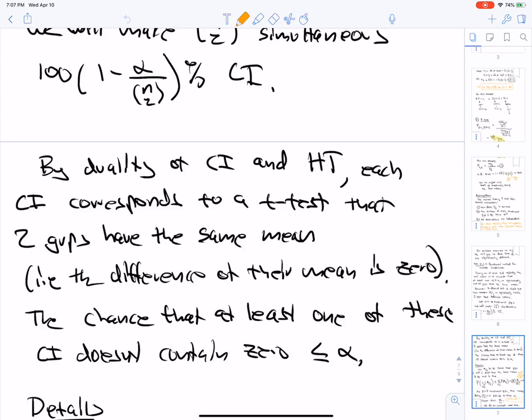So we've got to make it harder to reject the null. We're going to make the significance level for each hypothesis, for each t-test, harder or smaller.